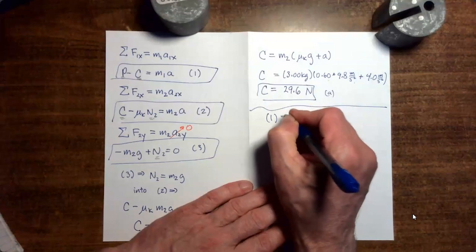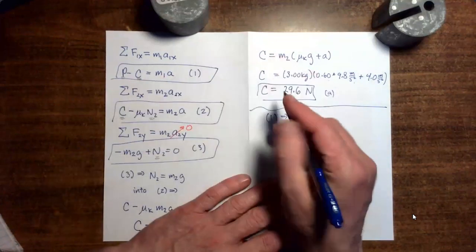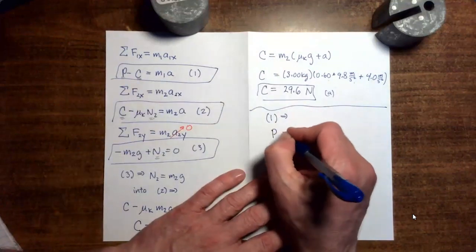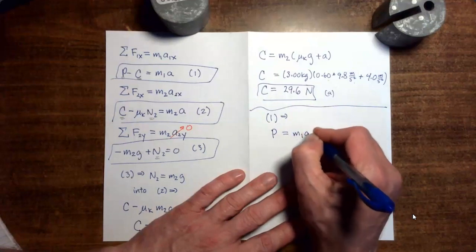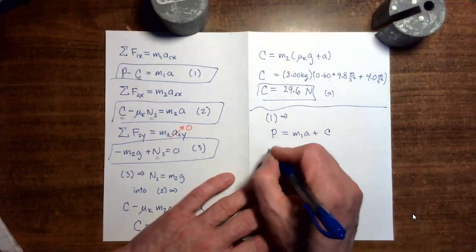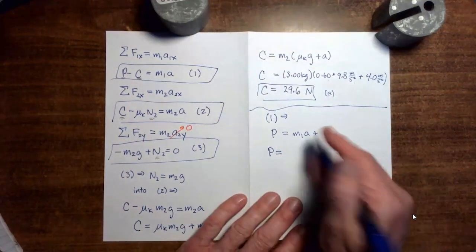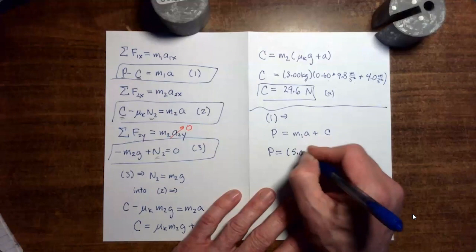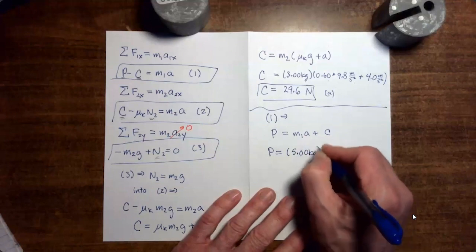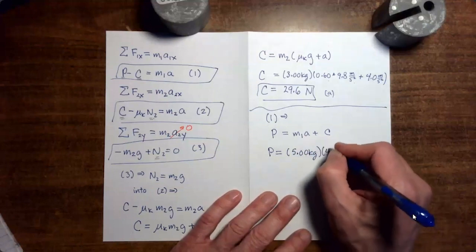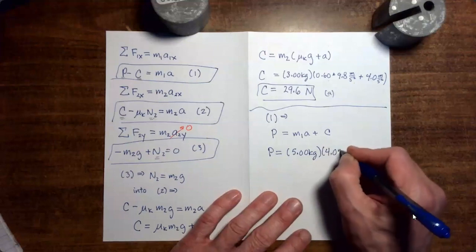So equation 1, take that minus C, move it to the right, and we have P equals m1a plus C. And now let's make our substitutions. M1 was 5 kilograms. A, 4 meters per second squared.